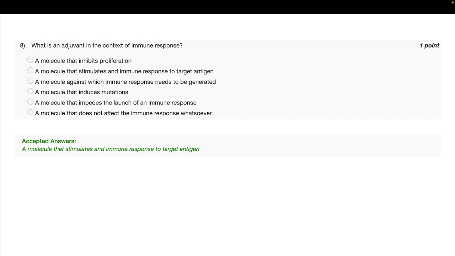Immune tolerance is, let's say you have a foreign antigen, a bacterial protein, and you have given that as a vaccine, and your APCs have phagocytosed it and presented it on their surface. Now if the APCs are not stimulated, your T cells or B cells are going to consider this antigen as a self antigen, meaning it will consider that your body has generated this antigen, and as a result it will not show any immune response.